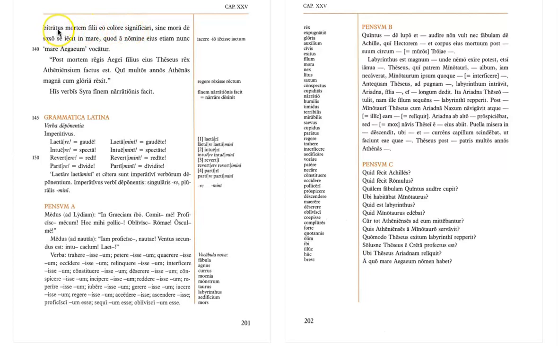So arbitratus est is what thought. So thus Theseus, or not Theseus, but Aegeus, his father, thought that color, illo colore, to signify the death of his son. So here's third declension, accusative singular, and then of his son, second declension, genitive singular.